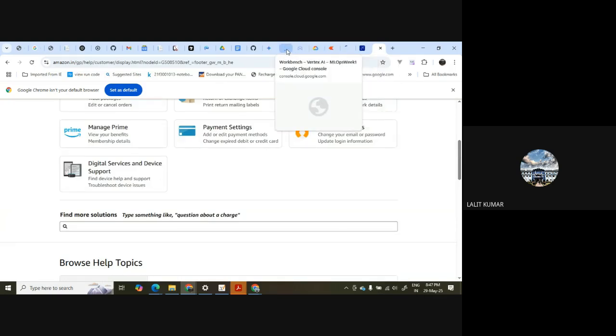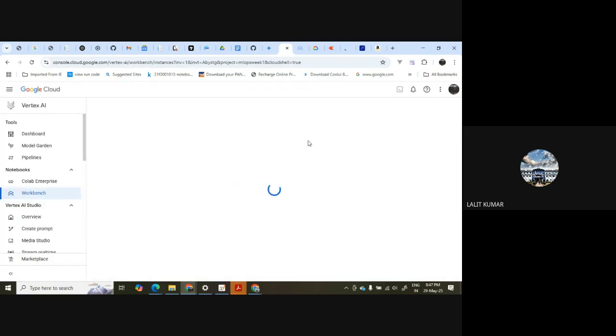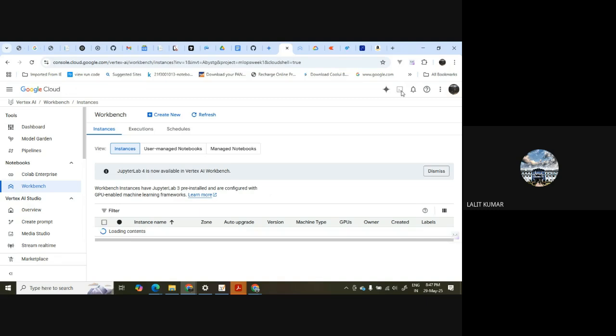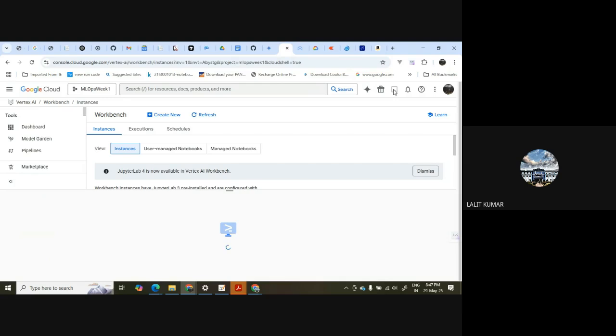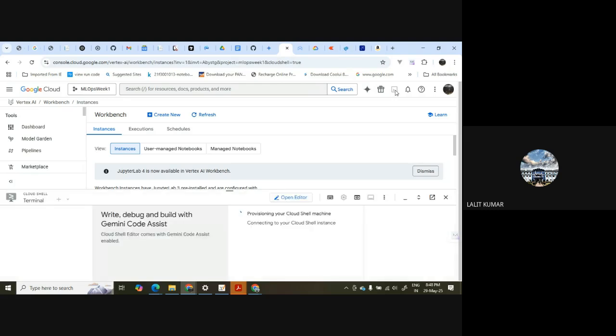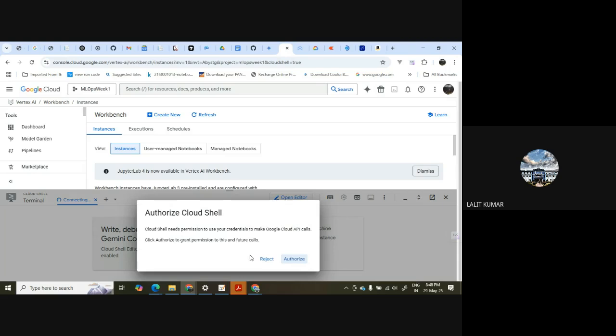Now in the Cloud Shell, what you'll do is open it. It is initializing. So you open the Cloud Shell. Okay, so already see, this terminal is on.